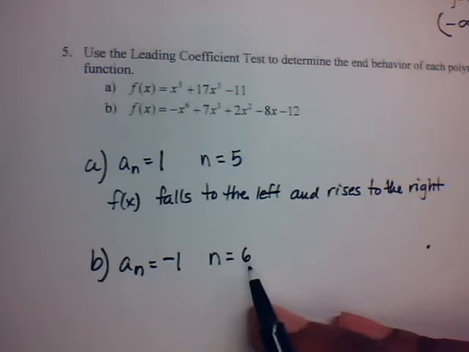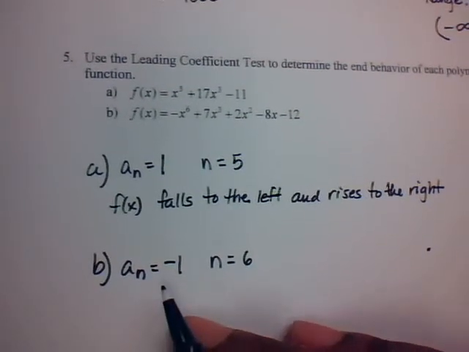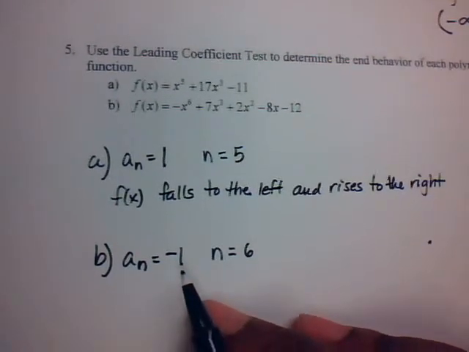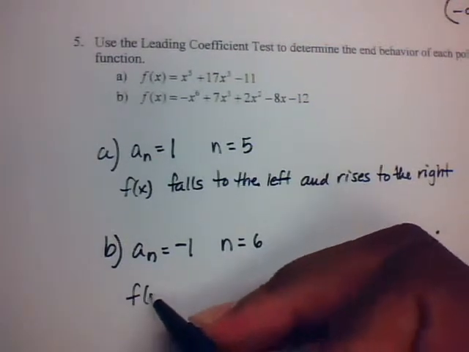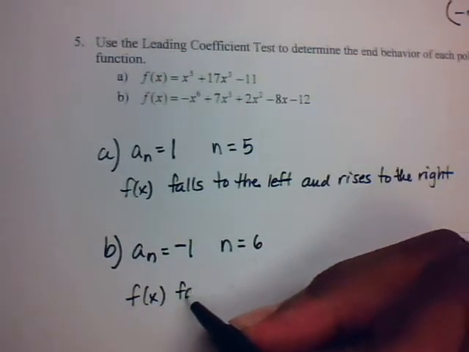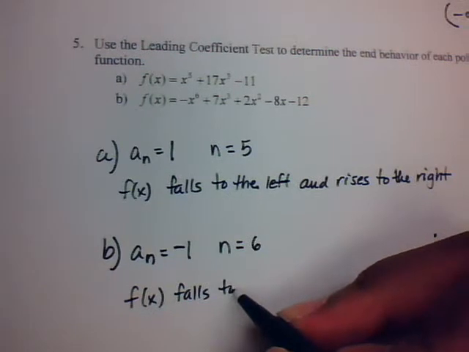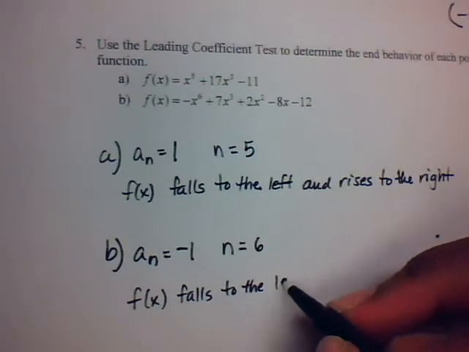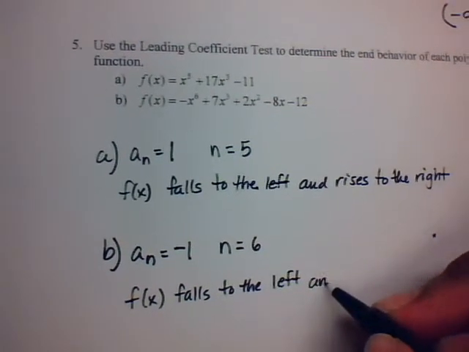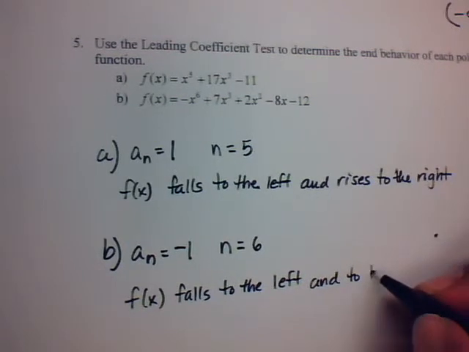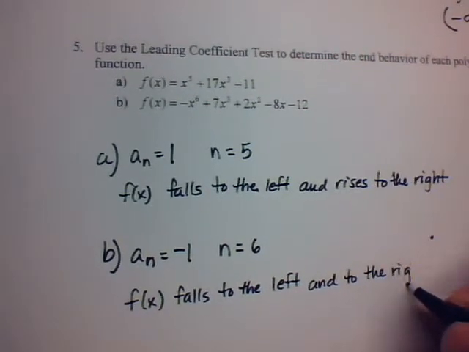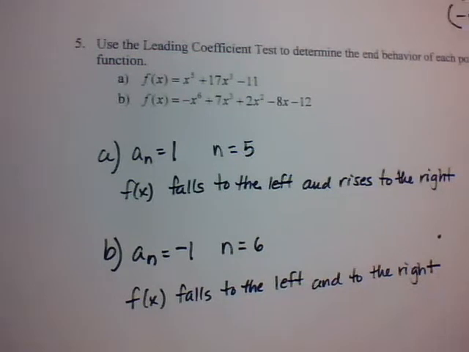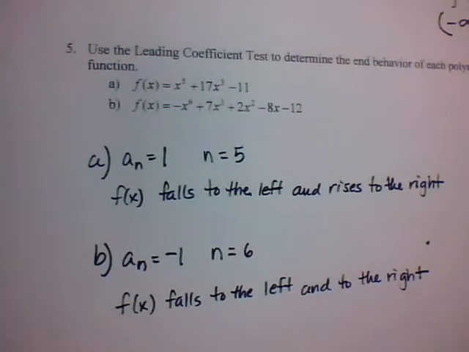Here, n is even, but a sub n is negative. So that tells us that the graph of f of x will fall to the left and to the right. f of x falls to the left and to the right.